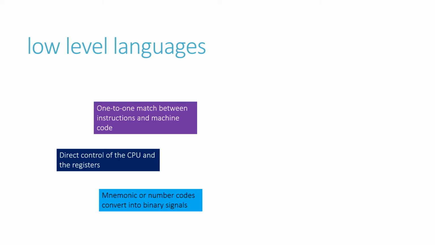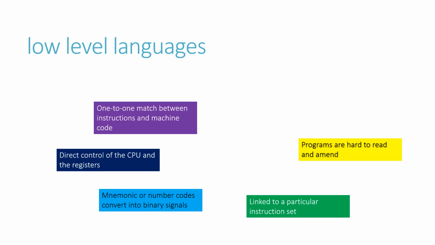The mnemonic or number codes of a low-level language are converted directly into binary signals, which are linked to a particular instruction set. Of course, there's a major disadvantage that programs are much harder to read, write and amend when they're written in this low-level language. And therefore it's extremely difficult to write long and complex programs.